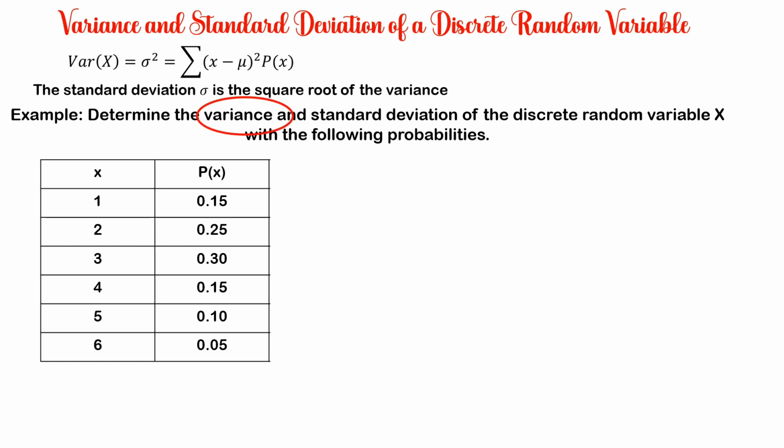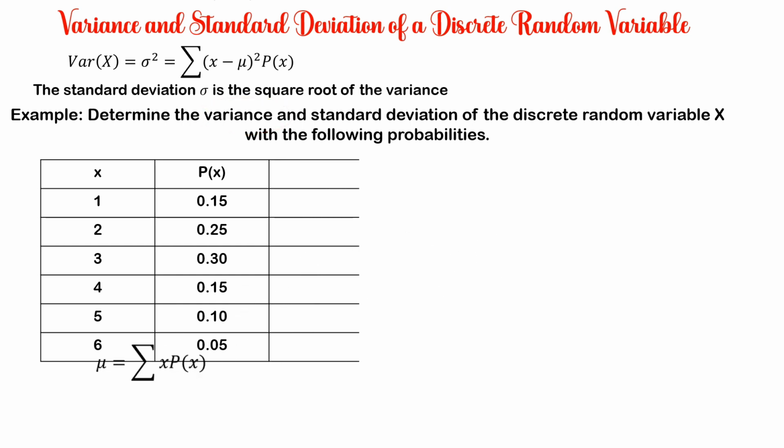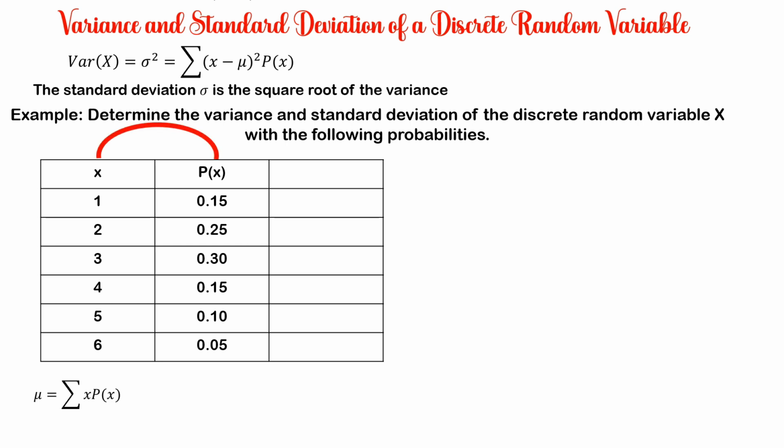For us to solve the variance, let us first obtain the mean of our discrete random variable. That is, by getting the summation of x times p of x. However, of course, we need another column to solve for the product of x times p of x.